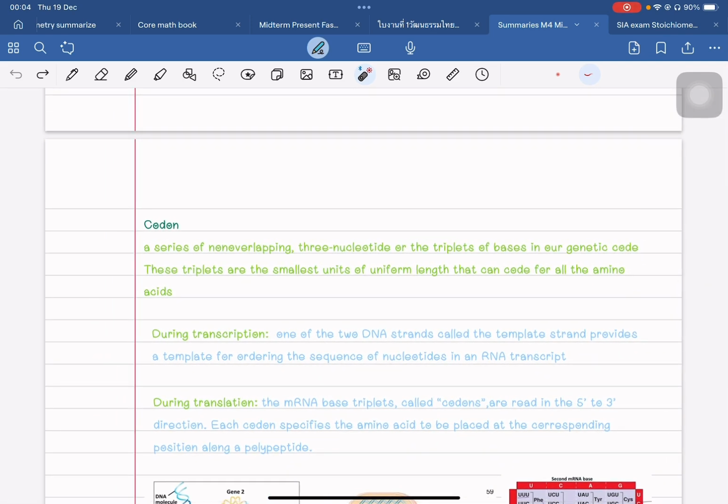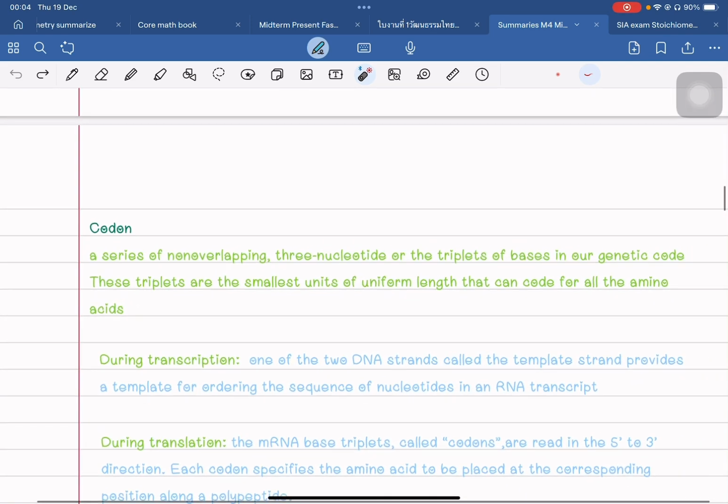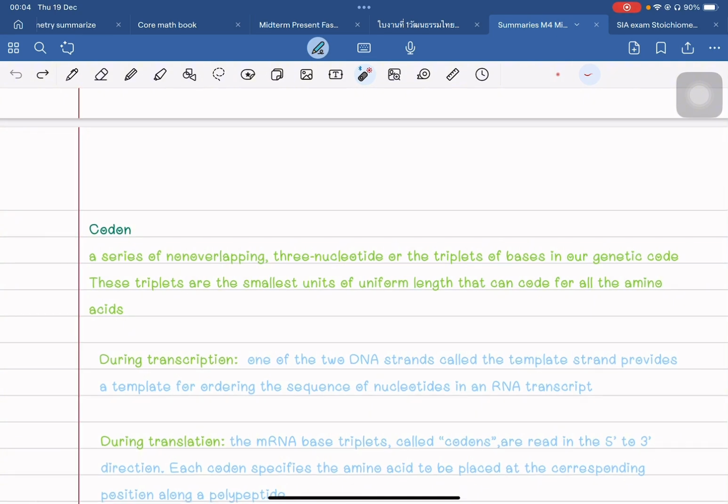Next is codons. Codons are one of the materials in the central dogma. A codon is a series of non-overlapping three nucleotides, or triplets of bases, in our genetic code. These triplets are the smallest units of uniform length that can code for all of the amino acids.